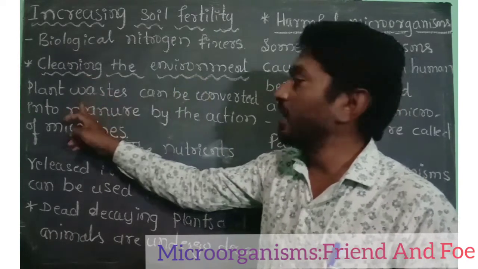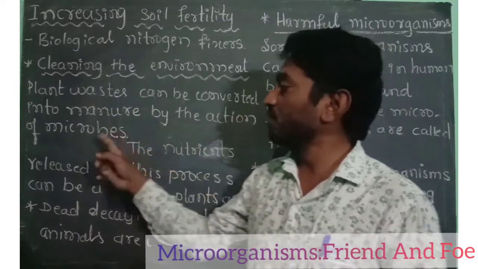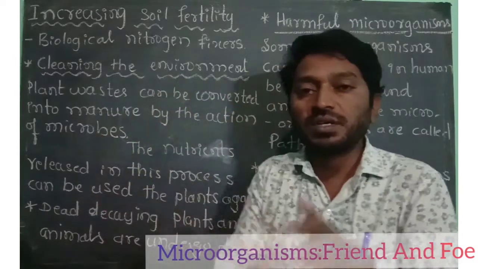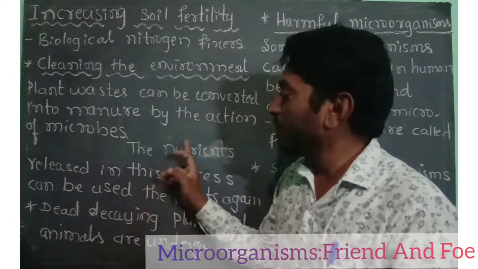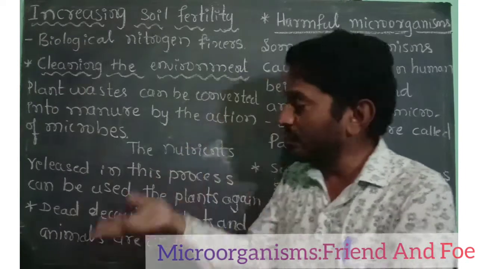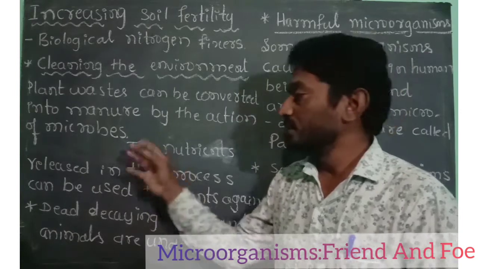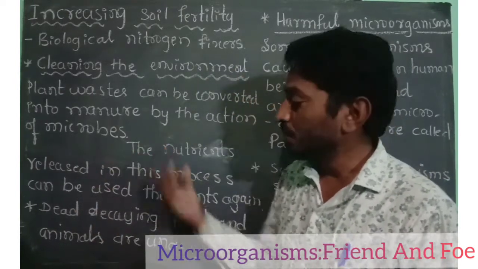Plant waste can be converted into manure by the action of microbes, and in this process the nutrients are released. Such nutrients are again used by the plants, the nitrogen content or nutrients from this decomposition process.